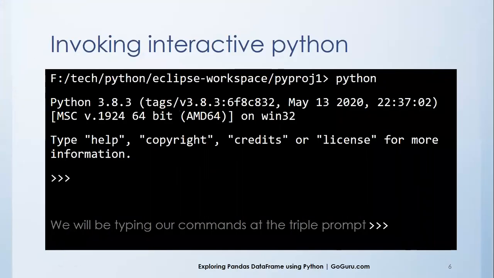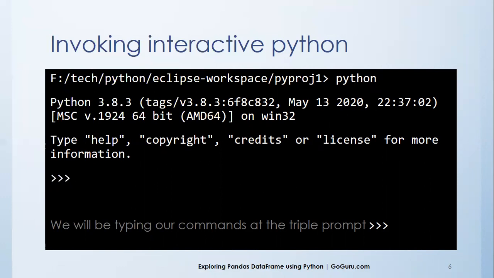So here we get into the course. We are invoking Python, as you can see, from a Windows command prompt. And in order to invoke this command, you need to make sure your Python binary is added to your system environment variable path. If it is Unix, it could be path, and it gets automatically executed based on your profile.